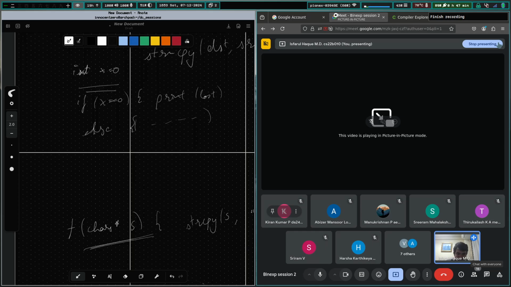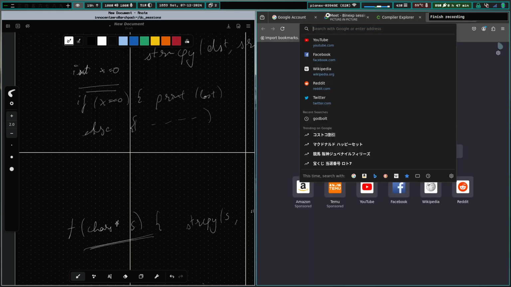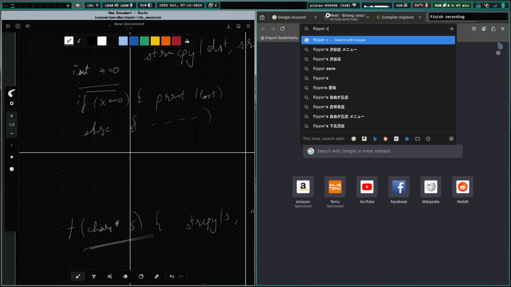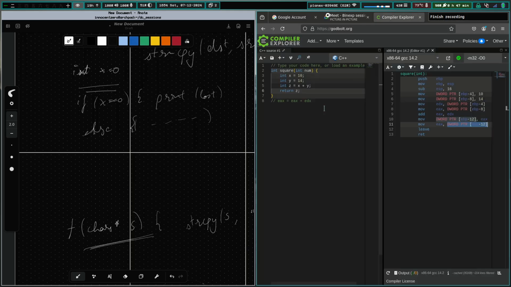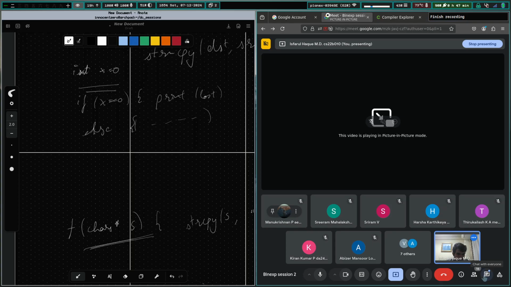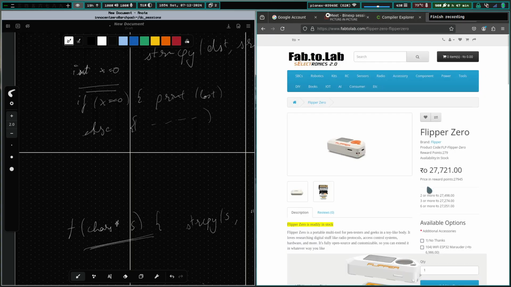I can get one. That's not hard. What's the cost? I don't remember. Why India, yaar? Let's see. How much is it? 30. Oh my God. Yeah, we can buy one regardless.